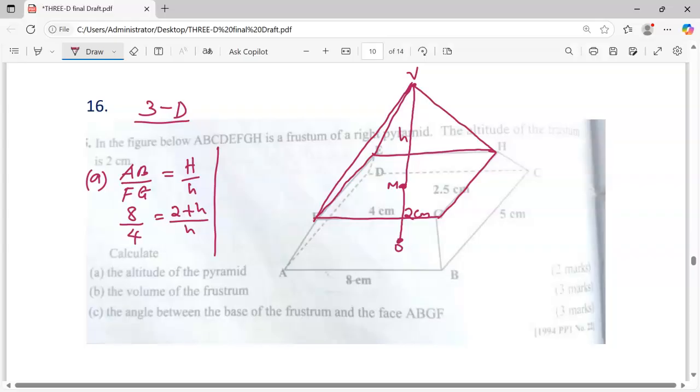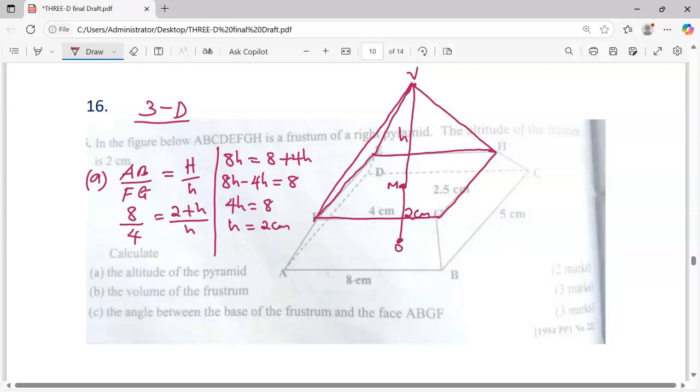If you cross multiply, 8 times h will give us 8h, being equal to 4 times 2 will give us 8, and 4 times h you get 4h. Like terms together, 8h minus 4h is going to be equal to 8. 4h will give us 8, meaning the value of h will be equal to 2 centimeters.